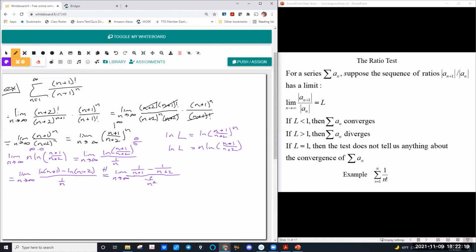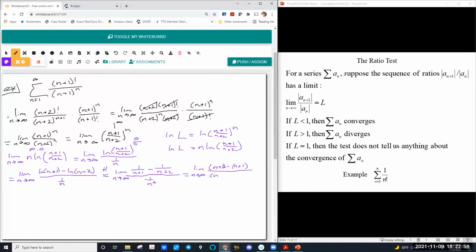All right, now what we want to do is simplify and see if we have something that is a little bit easier to deal with than what we had. So I'm going to find a common denominator and add those fractions together. Because of time's sake, I'm going to go a little bit quicker on this one. What we're going to end up with is n plus 2 minus n plus 1 all over our common denominator.